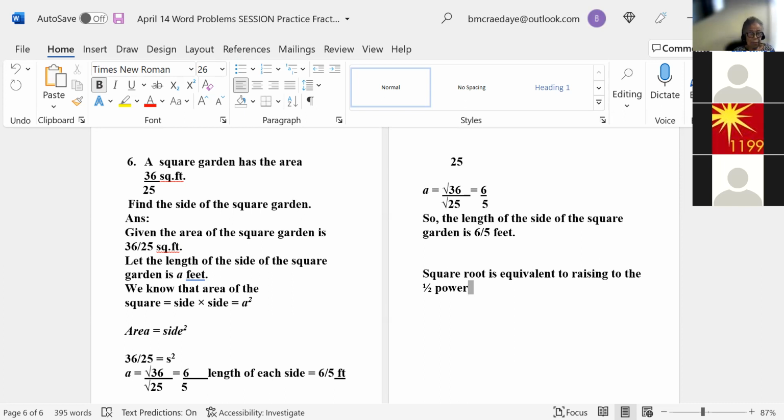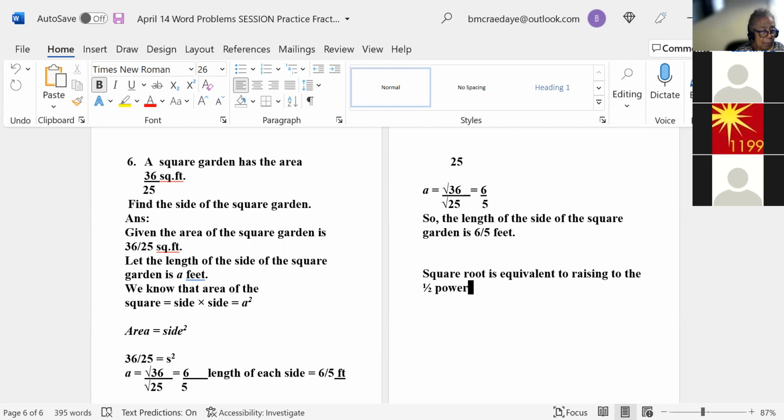That's what square root is equivalent to, raising something to the 1/2 power. That's why we say the square root of S squared is just equal to S. The square root of N squared is just equal to N. Sorry, N. Questions?